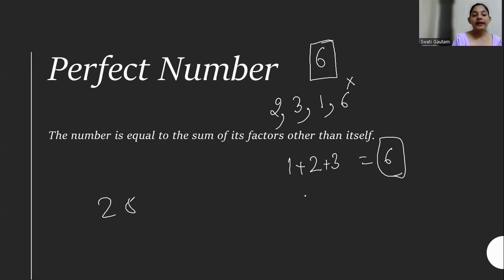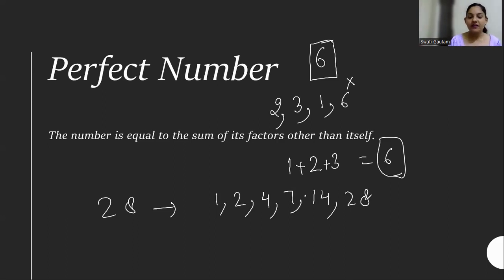Suppose I take 28. 28 comes in the table of 1, 2, 4, 7, 14, and 28. I think all these numbers are the factors, and I don't think there is any other factor. We have to leave out 28 because it is the factor of itself.